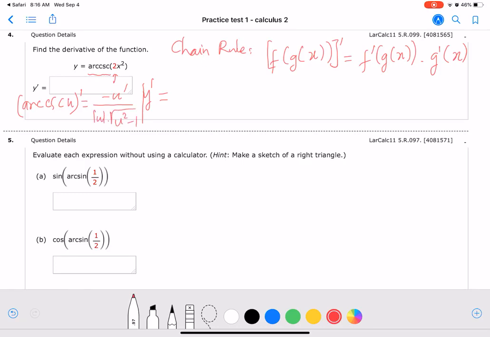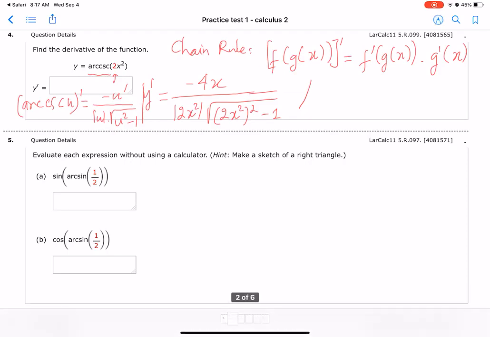You just apply this formula, right? In this case, u is equal to 2x squared. So you have negative (2x squared) prime, that is negative 4x, over absolute value of 2x squared, and then square root of (2x squared) squared minus 1. That's it. If you have a formula sheet with you, you can solve this problem in, let's say, 1 minute.